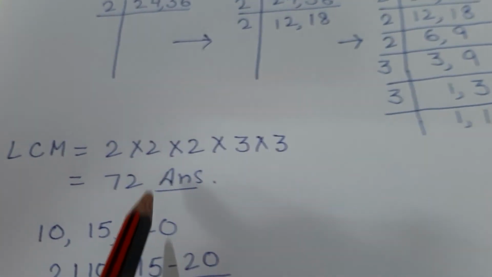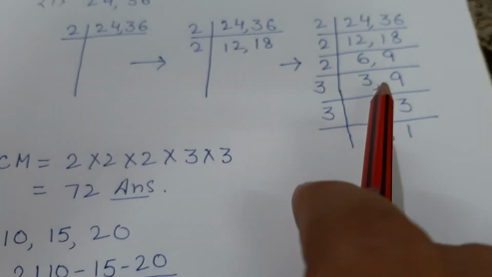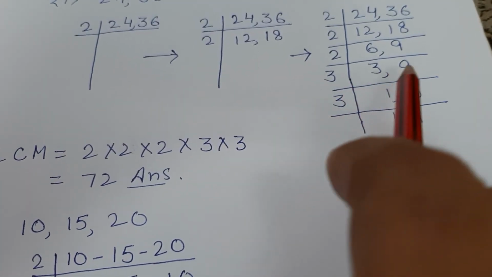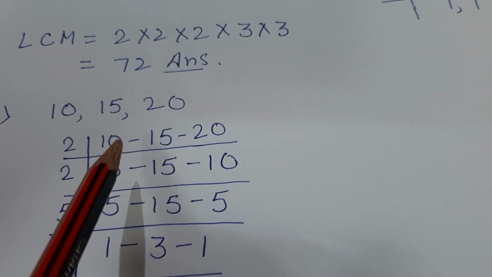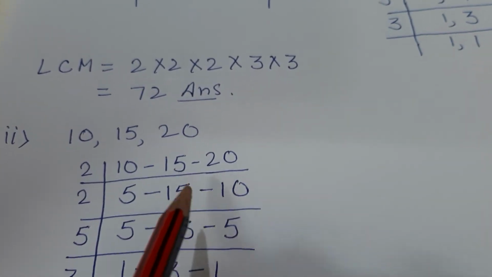Now students, if you see here, I have put commas to differentiate these numbers, and here I have put a hyphen. You can use any symbol to differentiate these numbers.